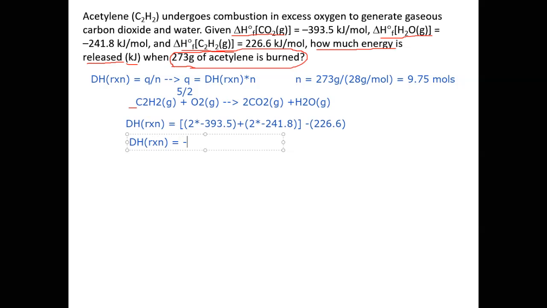That's negative 1271 minus 226.6. And we get negative 1497 as delta H, kilojoules per mole of acetylene, because there's only 1 mole of acetylene.